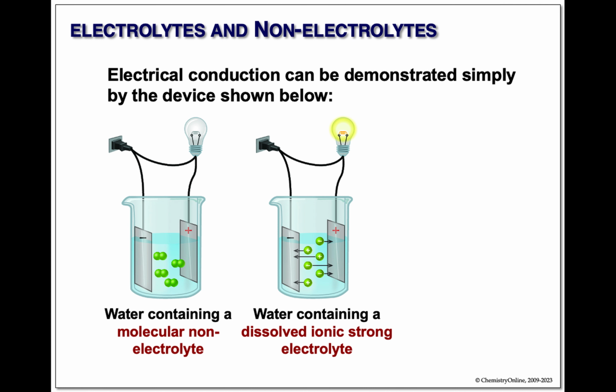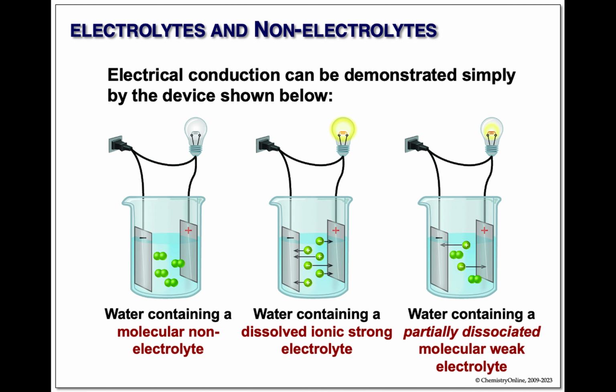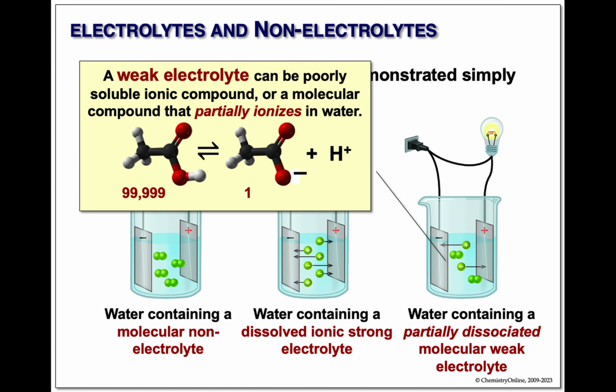There's something in between our two limits here, and that's called a weak electrolyte. So you have something that has some ions, but not all. In a weak electrolyte, something like acetic acid dissolves in water nicely because it's very polar, and it will ionize to form hydronium and acetate anion.